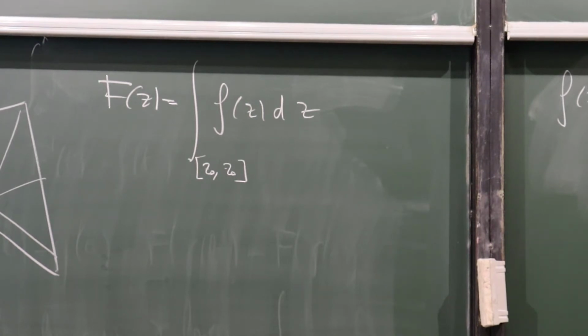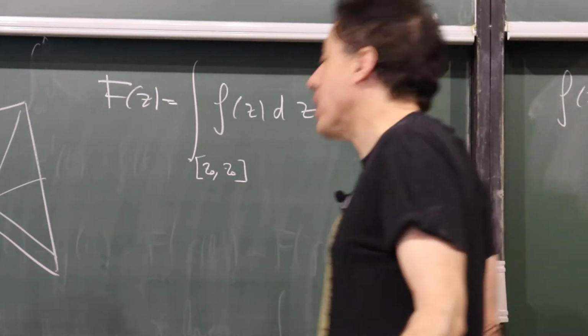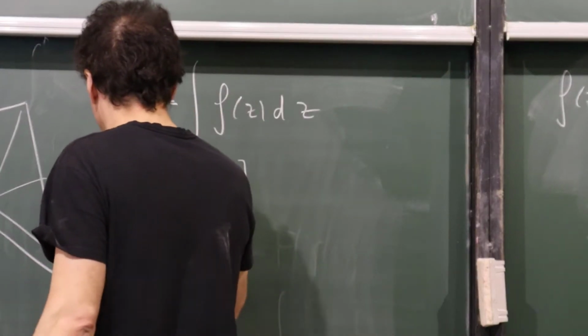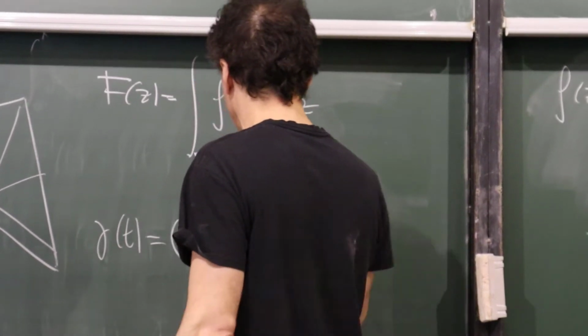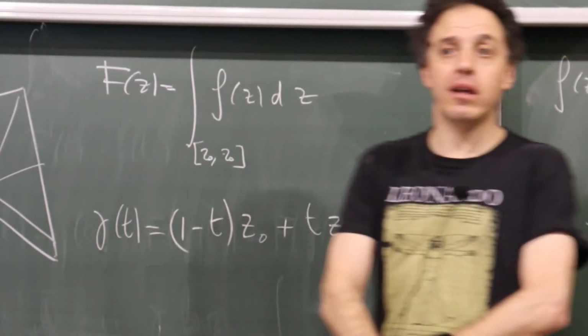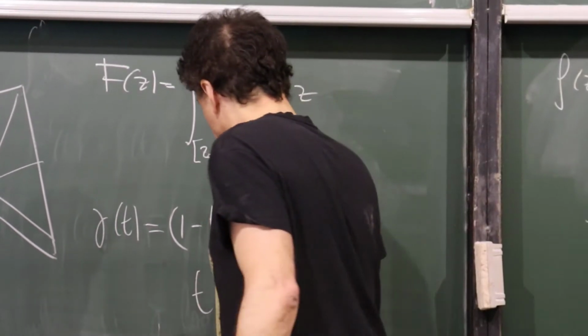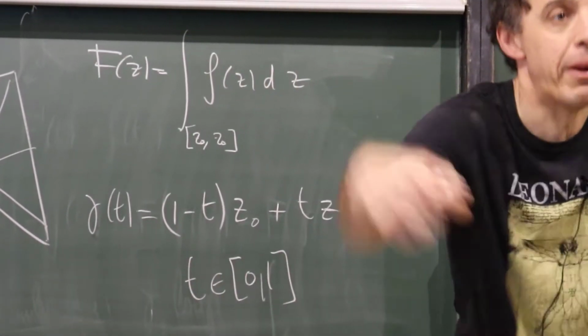As I told in the first session, the parameterization you choose is not very important. But the usual parameterization of a segment would be 1 minus t z0 plus t z, where t takes values in the interval 0, 1.